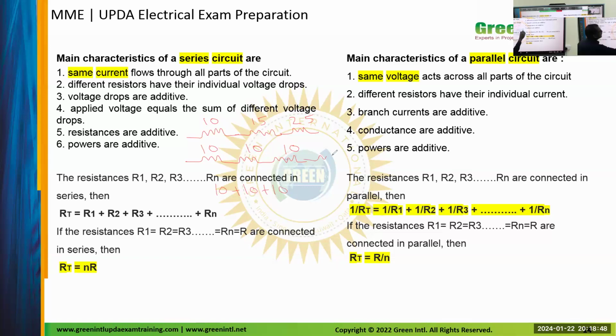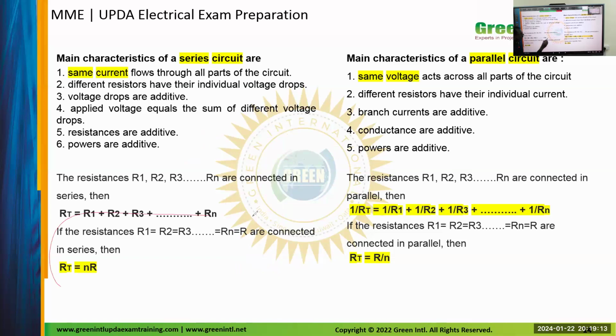Suppose we add one more resistance of 10, usually we don't use a calculator; we say 4 into 10. Suppose one more, 5 into 10. The number 4 refers to the number of resistances N, and the 10 refers to the value of the resistance R. So we need to remember this formula: if the resistances are same, the total resistance is equal to N into R.